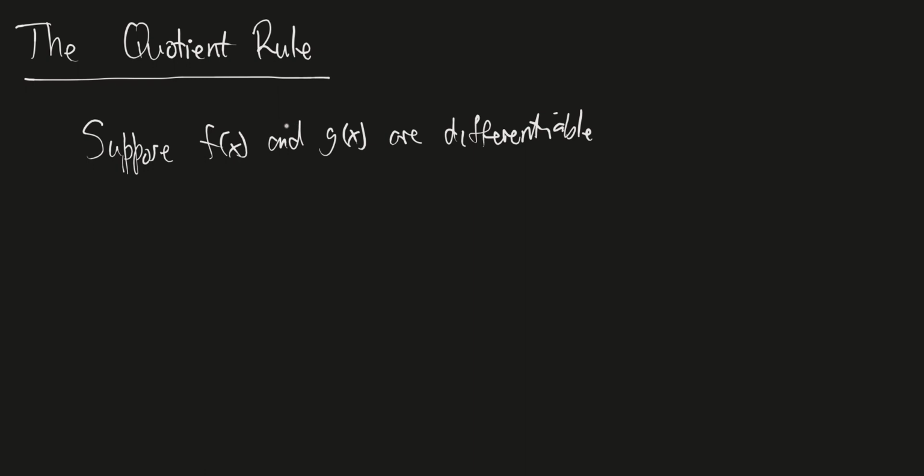So we're going to make the assumption that g of x is not zero. So in addition to assuming that these are both differentiable functions, I'll say, and g of x is not equal to 0, right? So that's where we're going to start off.